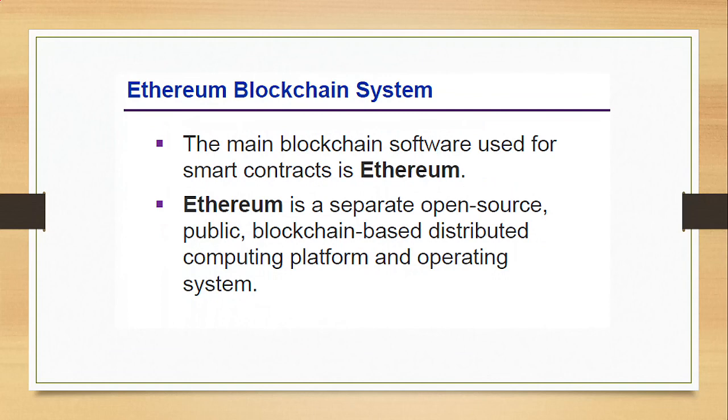So the main blockchain software used for smart contracts is Ethereum. Now, Ethereum is a separate open source, actually a very ideal software to use in creating additional functionality of a blockchain, right? So it offers a blockchain-based distributed platform that can help implement the smart contract.